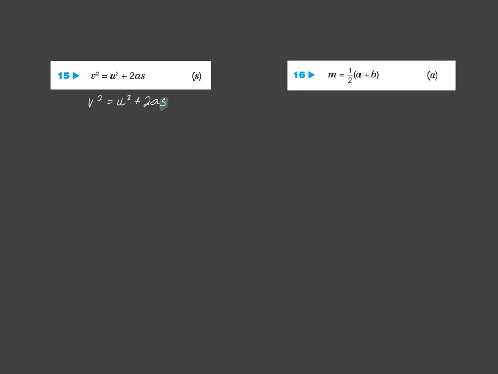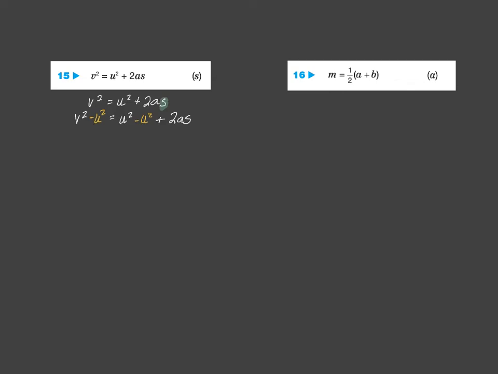Question 15. V squared is equal to u squared plus 2as, and s must be the subject. The s is sitting in this term, so I'm going to subtract u squared from both sides. V squared minus u squared is equal to u squared minus u squared plus 2as. So I've subtracted u squared from both sides.